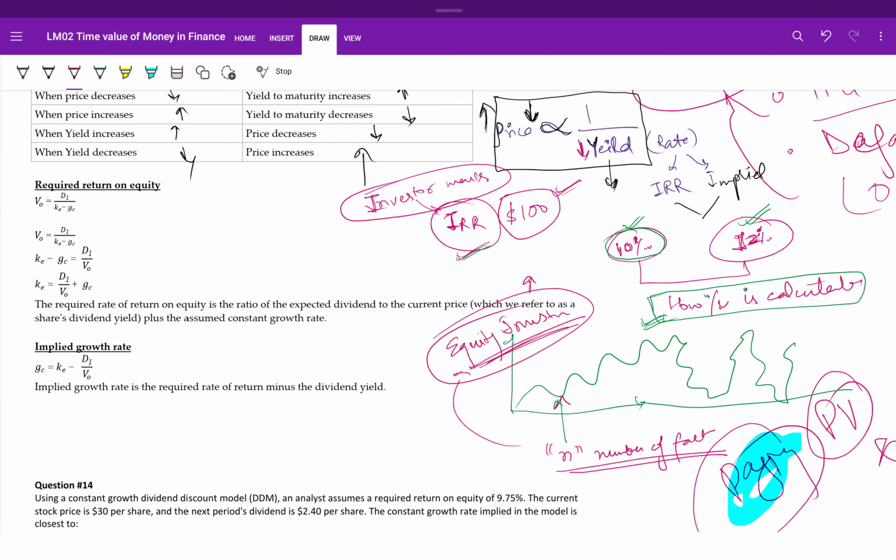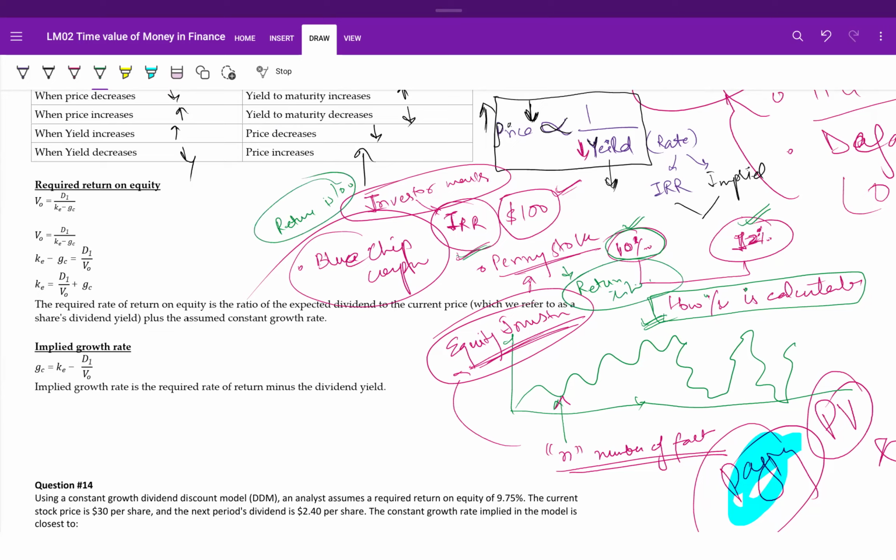So there are penny stocks, and there are blue chip companies. For blue chip companies, the return is low, and for penny stocks the return is high, but the fluctuation is also high.